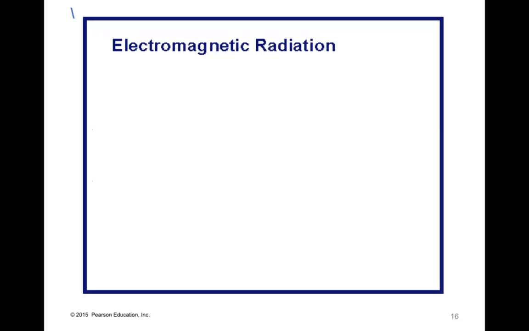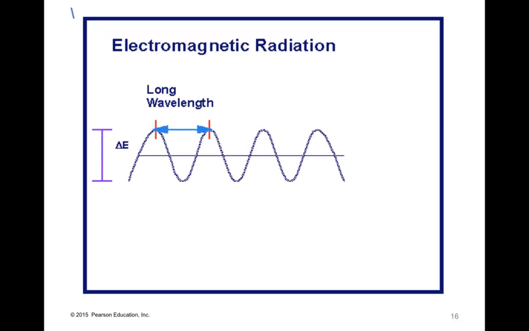Here we have a wave with a long wavelength, so that means that this wave has a lower frequency. Let's assume that from this point to this point, we have 1 second. So this is the behavior of this long wavelength in a range of 1 second.